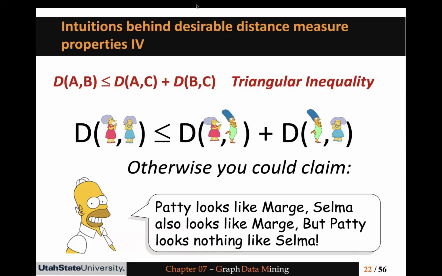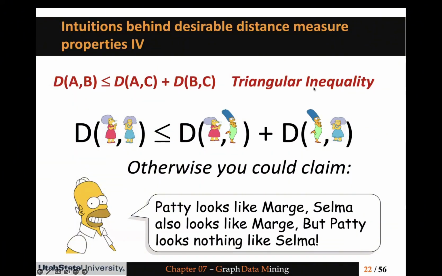It simply says that if I know the distance between an object A and B, then this distance must be less than or equal to the distance from A to C plus the distance between B and C. In other terms, if I include one time series in between A and B, which is C, then the sum of those two distances must be greater than or equal to the distance from A to B.